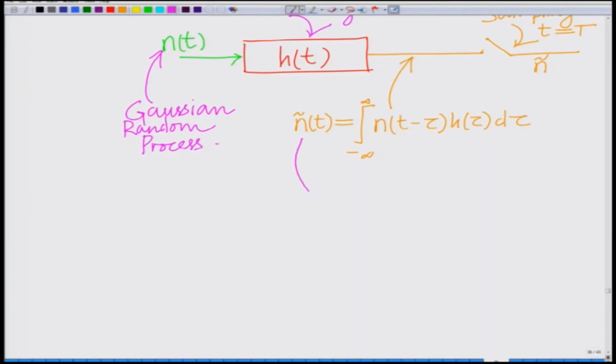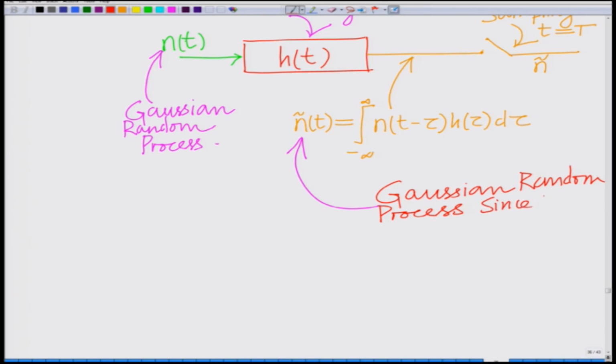Therefore, this noise process n tilde of t is also a Gaussian random process. Since the filter is a linear system, the input random process is Gaussian and the output is Gaussian.